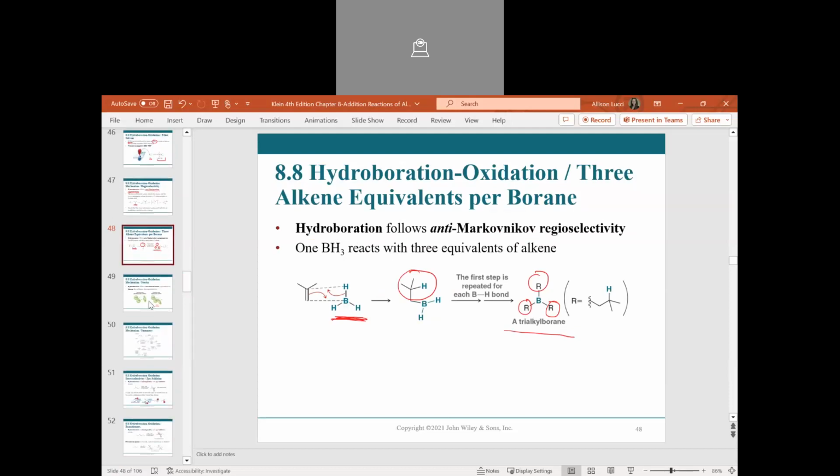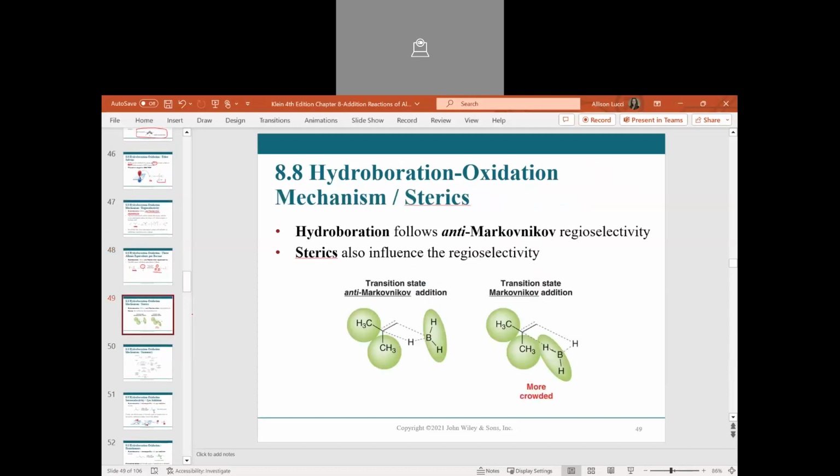Let's see on the next slide here. The reason that it follows this anti-Markovnikov regioselectivity has to do with some sterics, or some groups that might influence or block the reaction from happening along another pathway. It has to do with what's called the transition state, right?